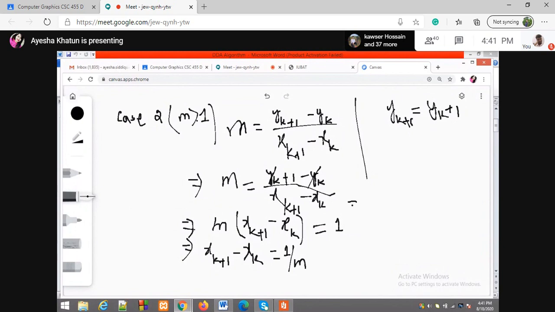So now xk plus 1 will be equal to the initial value of x, that is xk, plus 1 by m. Okay.